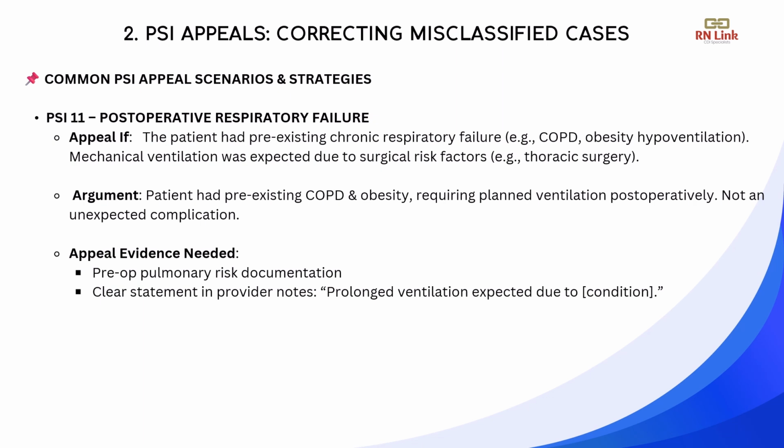Mechanical ventilation was expected due to surgical risk factors, for example, thoracic surgery. Argument: patient had pre-existing COPD and obesity, requiring planned ventilation postoperatively. Not an unexpected complication. Appeal evidence needed. Pre-op pulmonary risk documentation. Clear statement in provider notes. Prolonged ventilation expected due to specify condition.